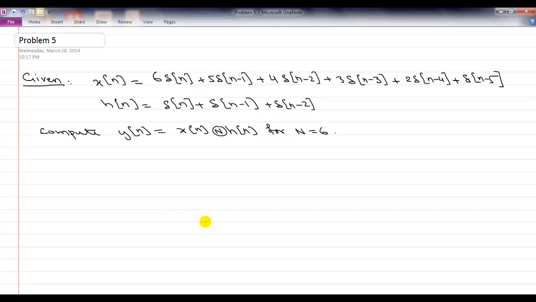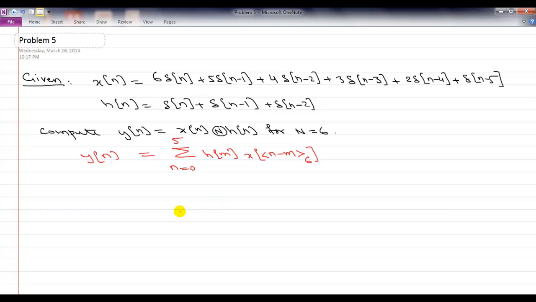We can write down the formula for circular convolution, with n from 0 to 5 because we are doing a 6-point circular convolution, and this will be the sum of h[m] x[(n minus m) mod 6], just like linear convolution but with a circular shift, so a mod of 6.